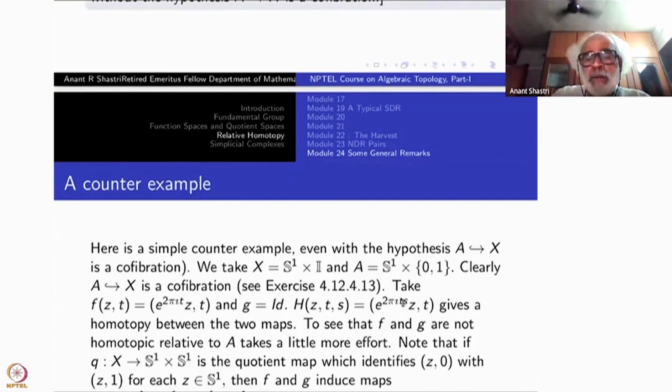Yeah, it's not ts, it's t plus s. There's a typo here. If s is 0, I want identity. If s is 1, (t plus s) times 2 pi i, the bracket should be there, is also 1. Okay, so it will be identity. It gives a homotopy between the two maps.